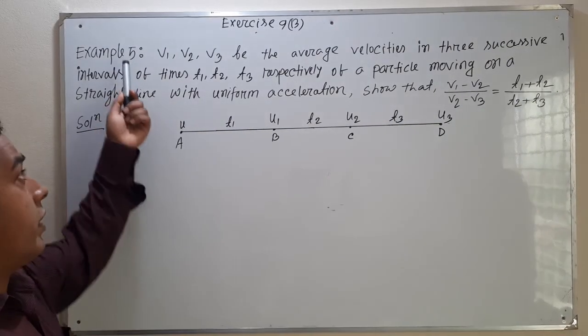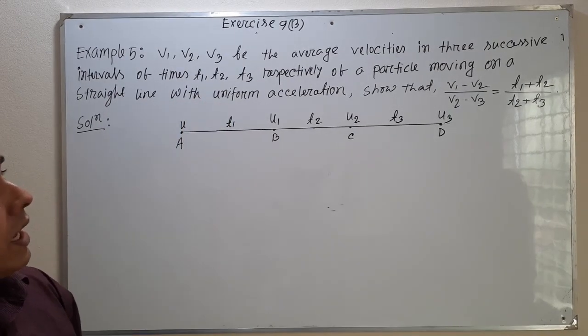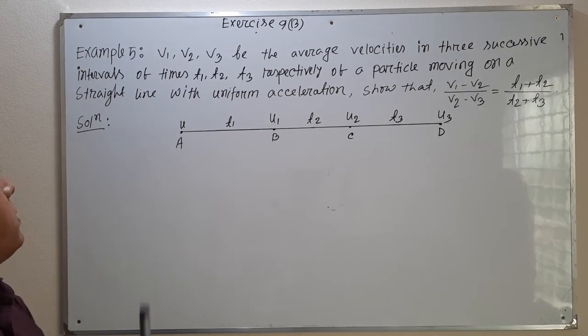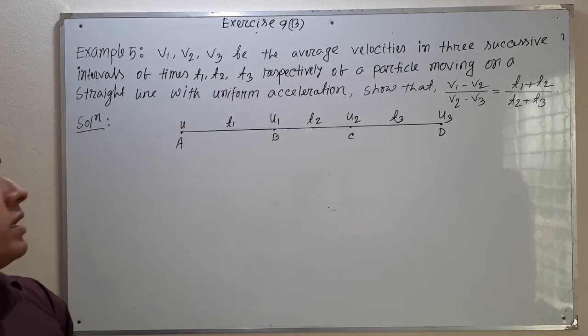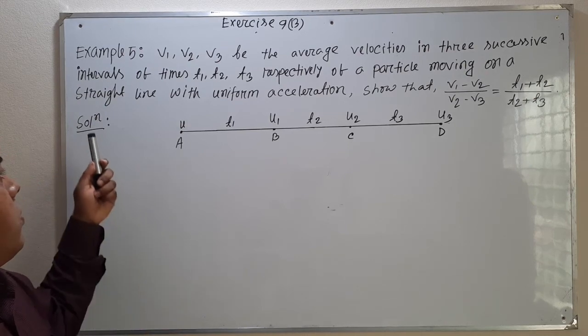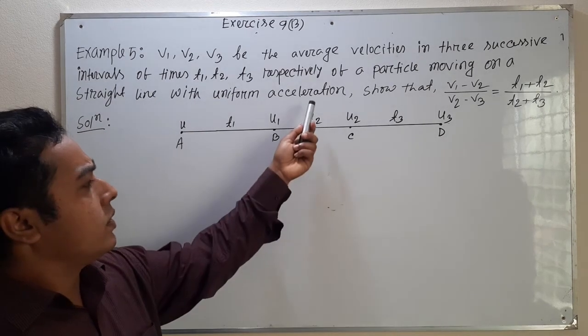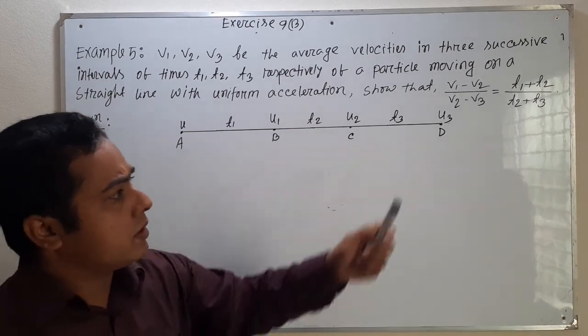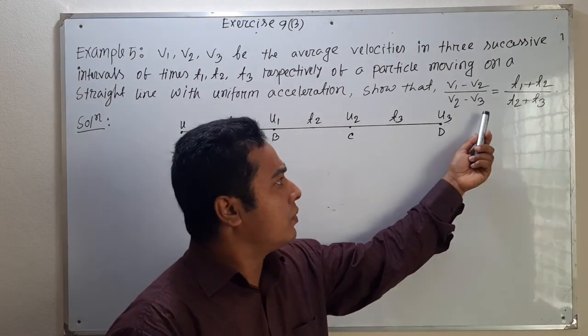Now example 5. Let V1, V2 and V3 be the average velocity in the three successive intervals of time t1, t2 and t3 respectively of a particle moving on a straight line with uniform acceleration. So this is our expression, we want to prove this.